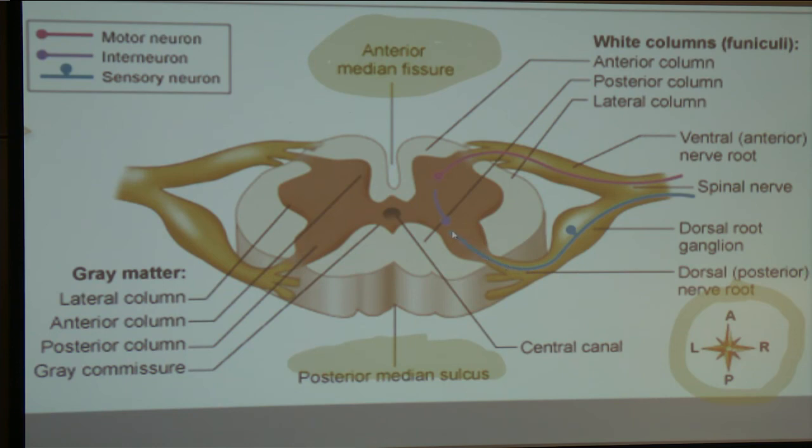Okay, so sensory in through the back. Here's a little interneuron. And then motor or outgoing or efferent, these efferent ones come out through the front. So again, in through the back, out through the front. Here we can see they're together, making your two-way traffic. All spinal nerves are always two-way traffic.